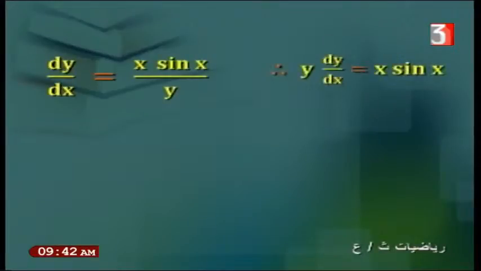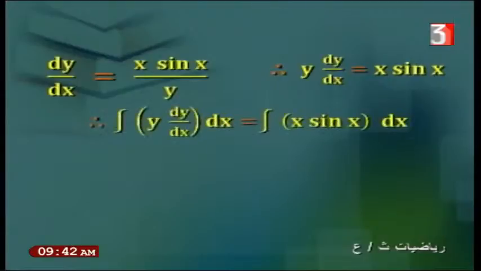Then we can write y dy equals x sin x dx, and integrate both sides with respect to x. The integration of y dy equals integration of x sin x dx, and the right hand side is integration by parts.